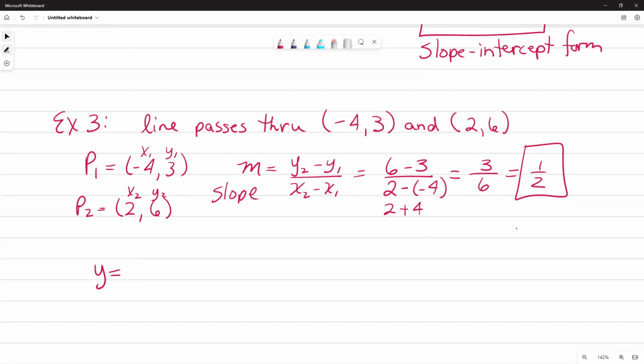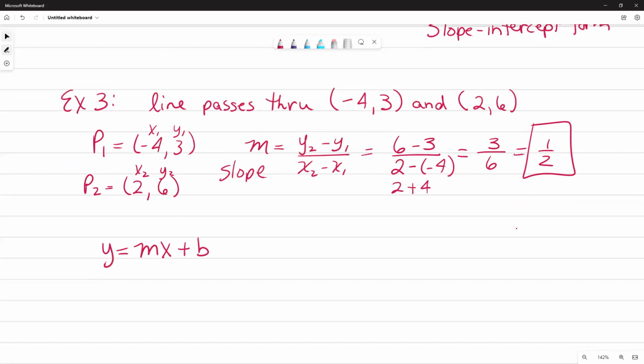Y equals mx plus b. So I'm going to pick from these 2 points my y and my x. So y is 6. Slope I just calculated is 1/2. X is 2.